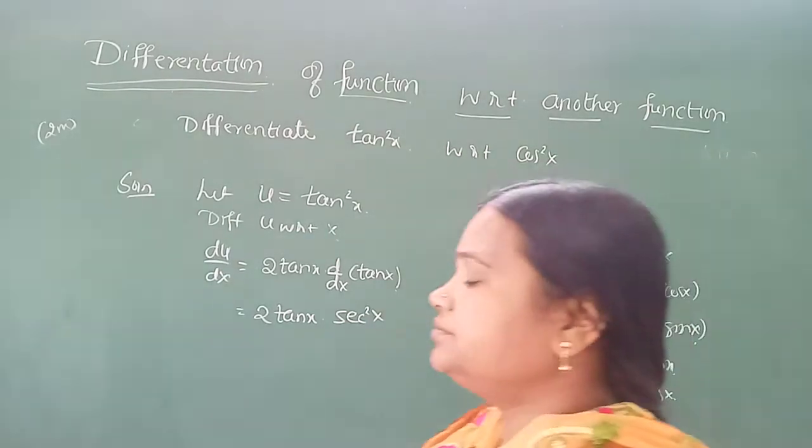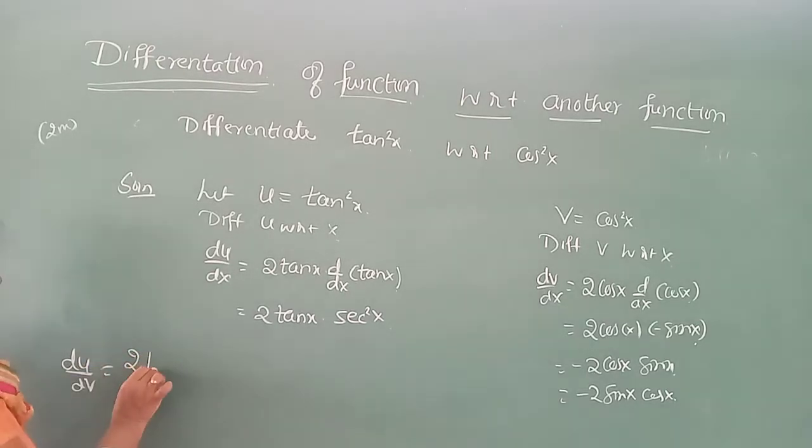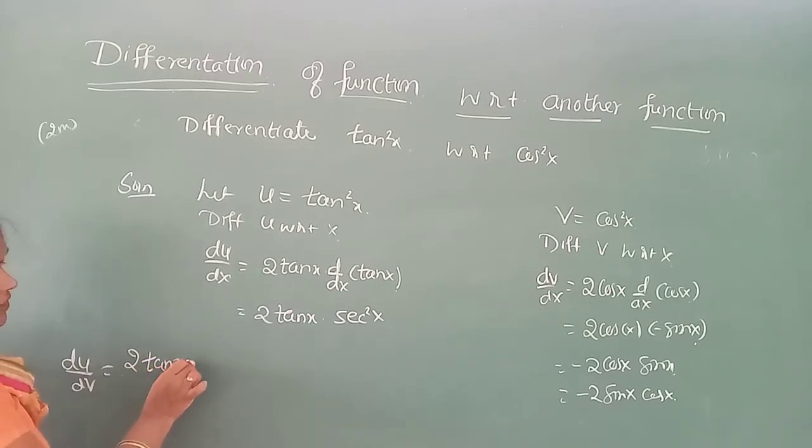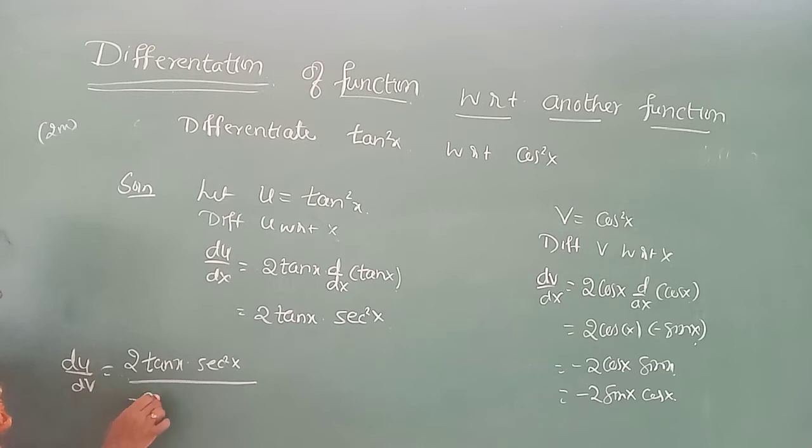Next, we can calculate differentiate u with respect to v. That is du by dv. du is 2 tan x into secant square x divided by minus 2 sin x into cos x. 2 gets cancelled, and tan can be written as sin by cos.